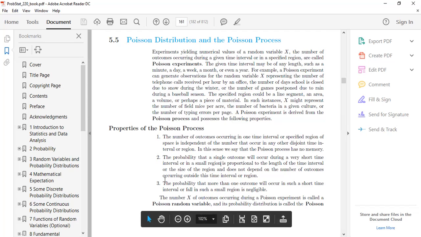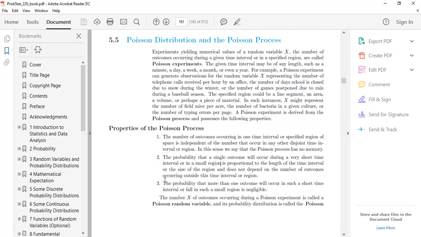Third, the probability that more than one outcome will occur in such a short time interval or fall in such a small region is negligible.